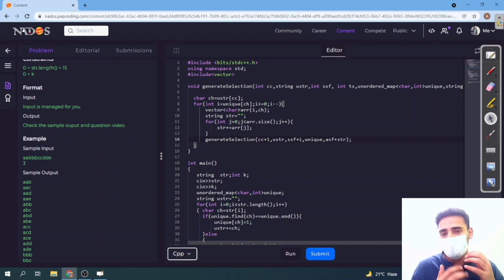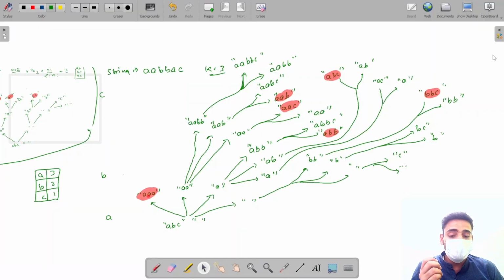Now we have made our recursion call, so we have to take care of the base cases as well. Let's see what base cases we need to take care of here. The first base case is if we have to select 3 characters and I got 3 characters, then I need to stop, I don't need to make another call.